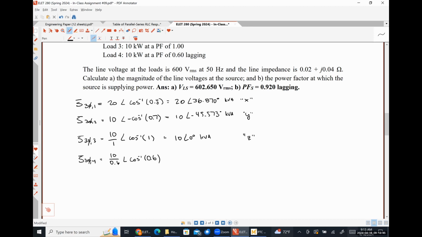Nope, because the power factor is lagging. So I got 16.667, which is the same thing as 50 over 3, by the way. Angle 53.130 degrees kVA. Storing this in my calculator as T.